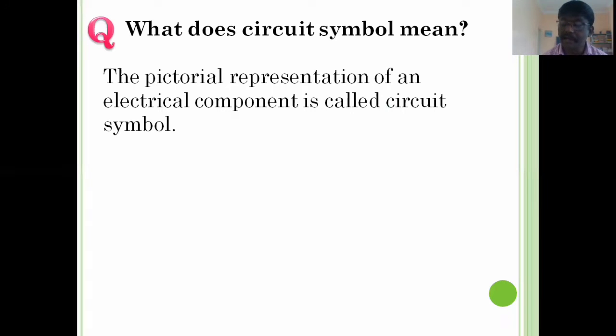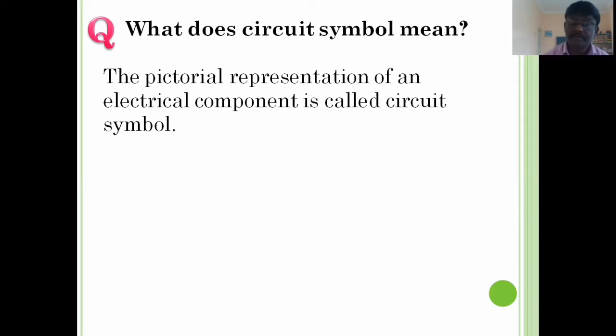Symbols and number combinations are used to represent electrical circuits. Thus, electrical symbols are used to simplify the drafting and to understand the drawings. Electrical symbols are standardized throughout the industry.